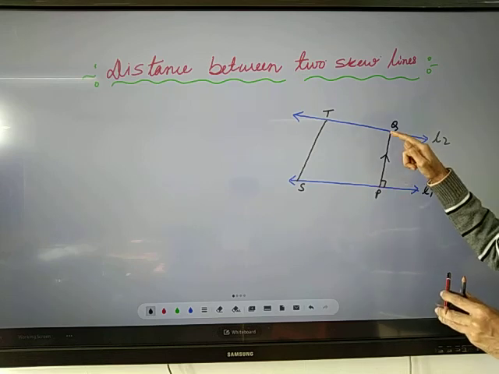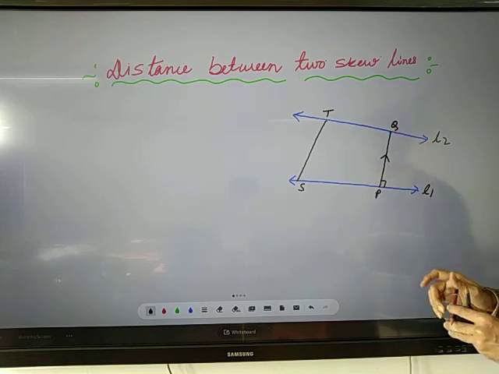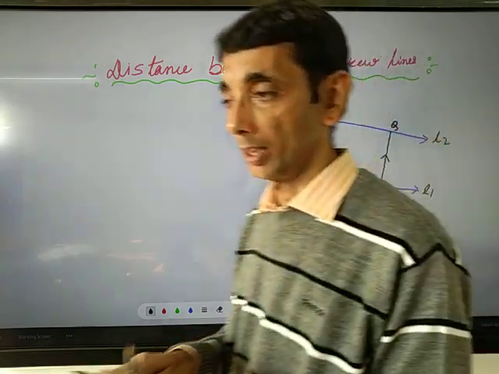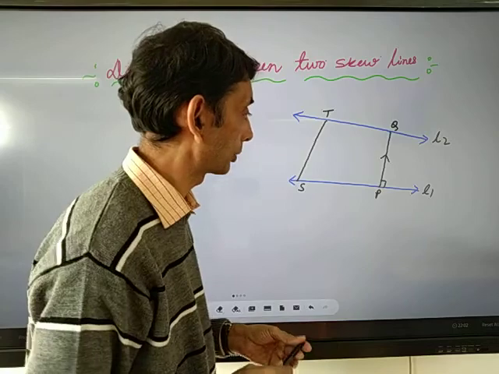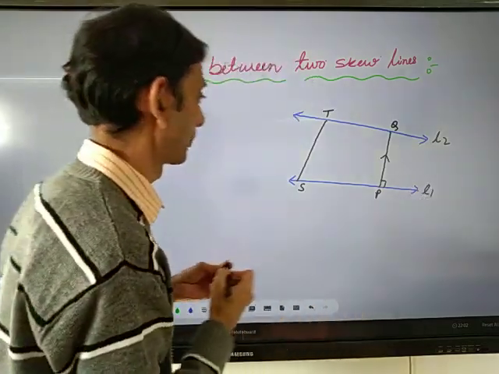We are considering the skew lines, L1 and L2, and let us first consider the equations of lines L1 and L2.